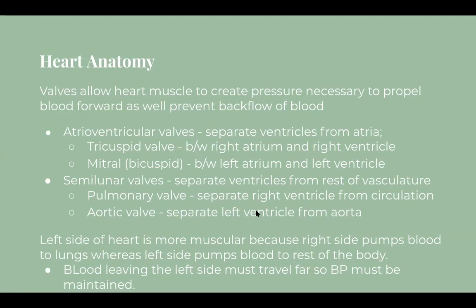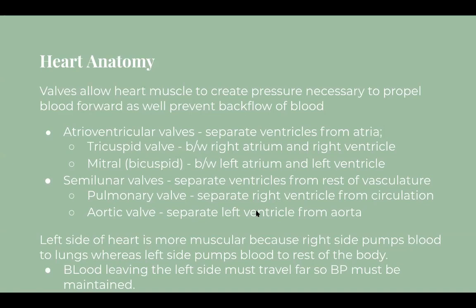Another thing to mention is that the left side of the heart is much more muscular. B/W is just supposed to mean between. So, to go back to this, the left side of the heart is more muscular because the left ventricle pumps blood out to the rest of the body, whereas the right side pumps blood only to the lungs.